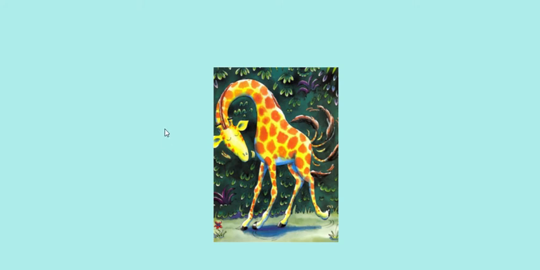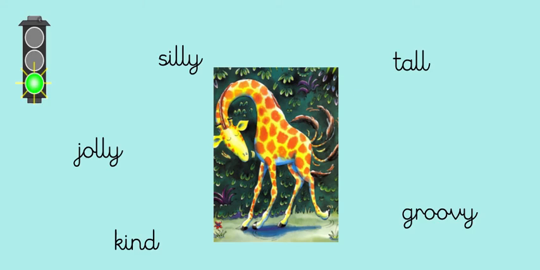Okay children, so I hope you had a think about what kind of giraffe we are looking at here. Let's have a look and see if I can share some ideas of my own with you. Okay, so I've got some here, children, some adjectives to describe Gerald the giraffe. I'm going to read them to you. J-O-L-L-Y, jolly. That means quite happy. S-I-L-L-Y, silly. I've got a tricky word here.